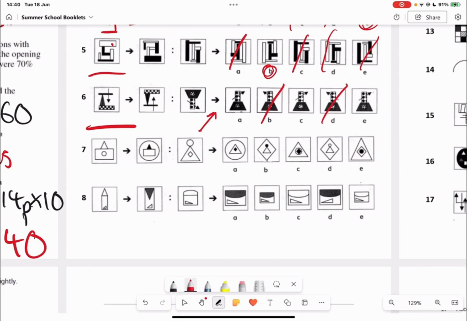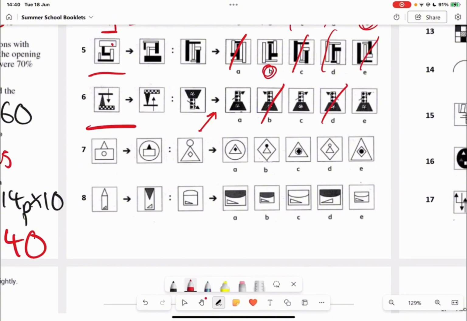So looking at our shapes, we can see that the difference is in the pattern, is it?